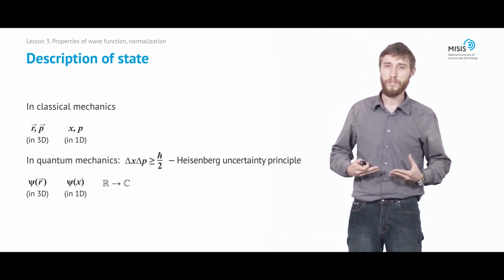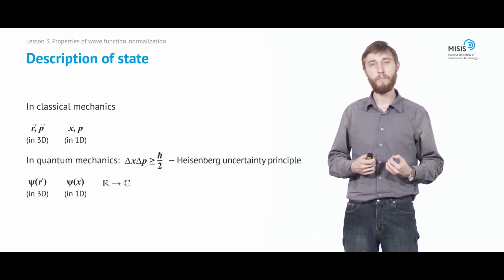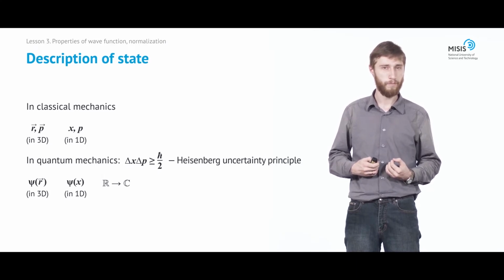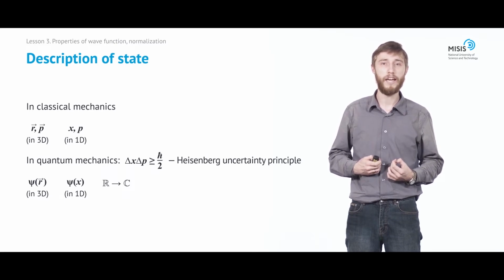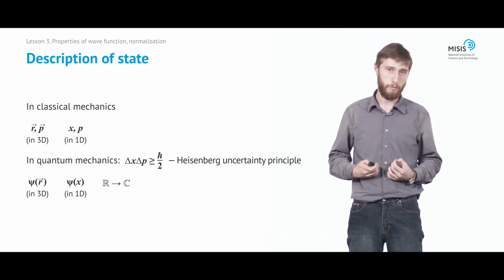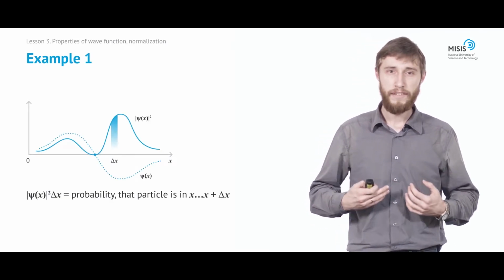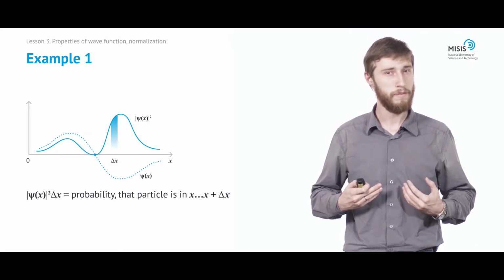We'll stick to the so-called Copenhagen interpretation. It states that the particle's position is undetermined until it's being measured, and that the psi function is related to the probability of finding the particle at point x at the time of measurement. Let's consider an example. Let me have a particle living on a line and having some wave function psi of x.